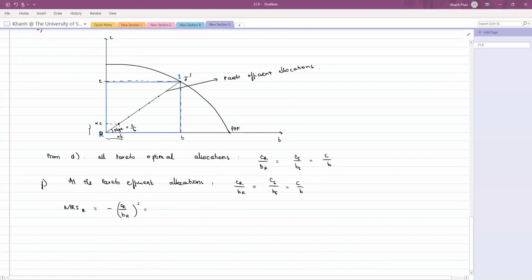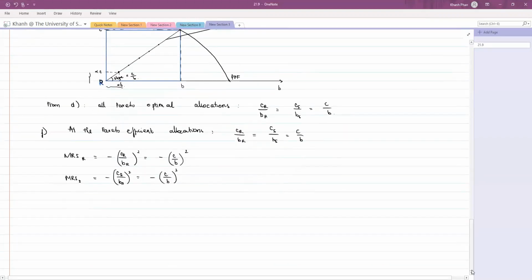And so in this case, it's just going to be equal to negative C on B, squared. And very similar for Seth, it is CS on BS, everything squared, and so it's just equal to C on B squared. As you can see, these two marginal rates of substitution are equal to each other, and that is the reason why we have Pareto efficient allocations.